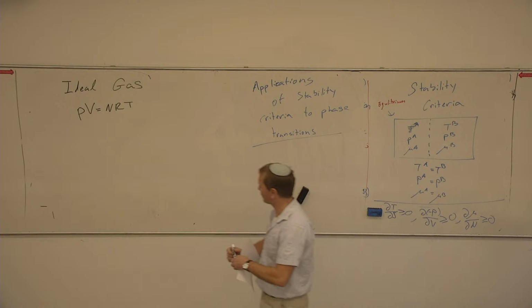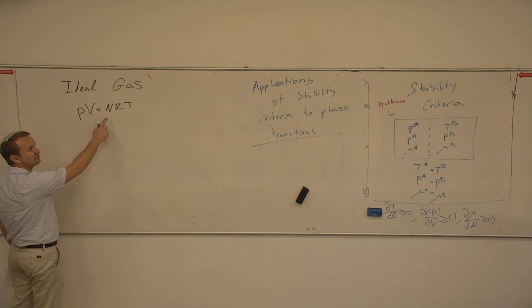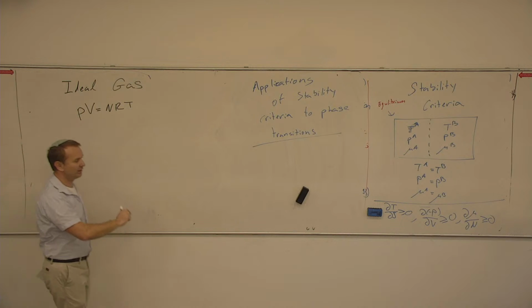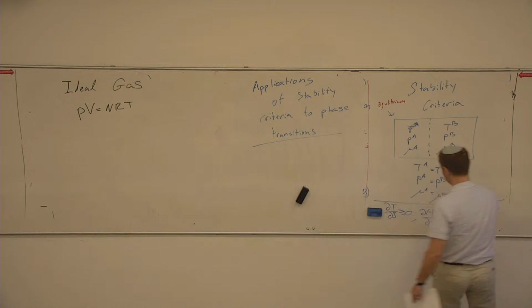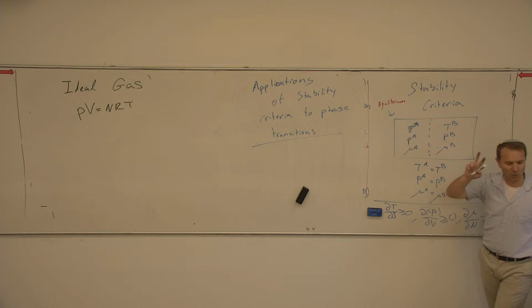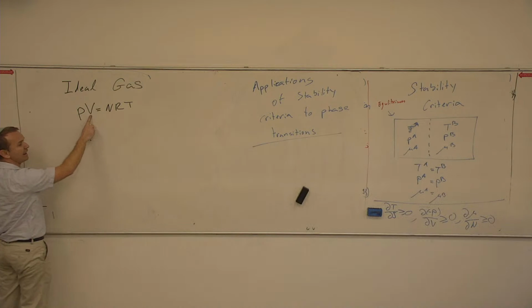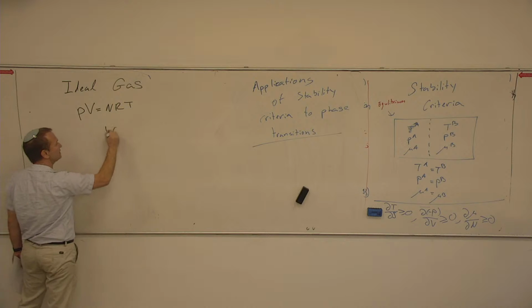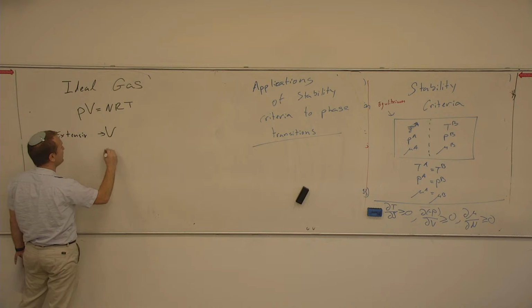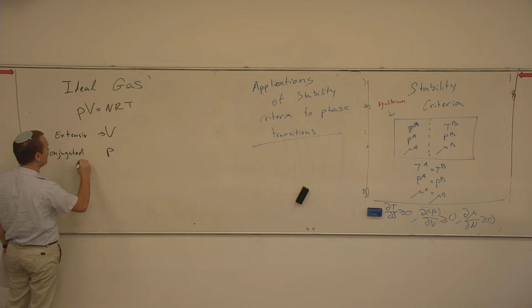Now, how does P look as a function of V? Why am I looking at P as a function of V? Because this is the intensive and extensive. Exactly. They are conjugated, a conjugated pair: V extensive, P conjugated intensive.